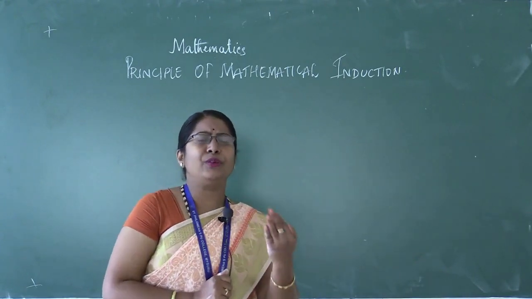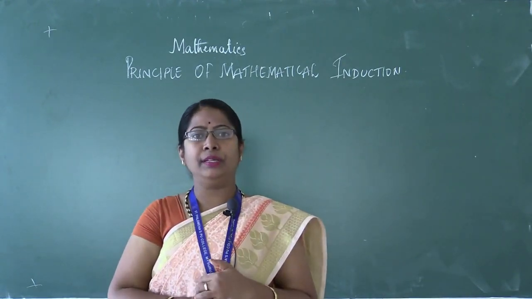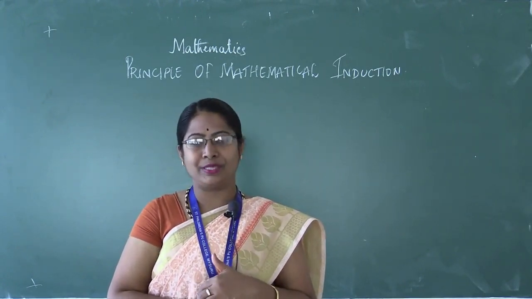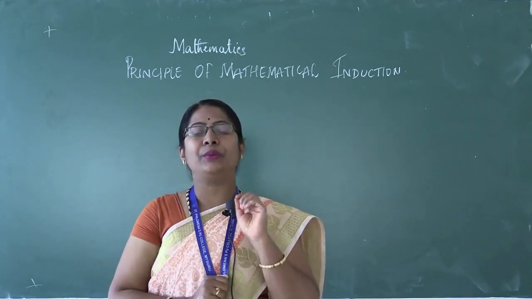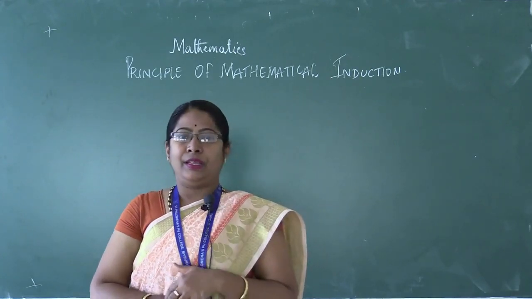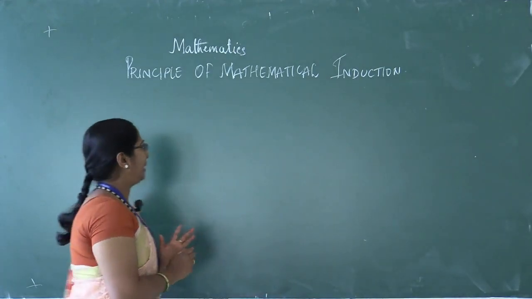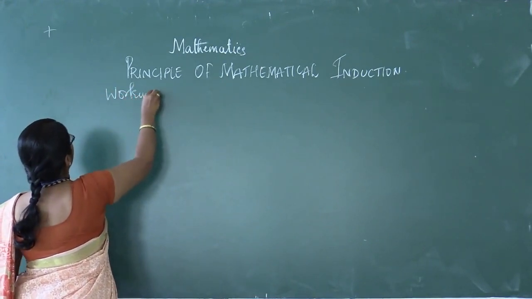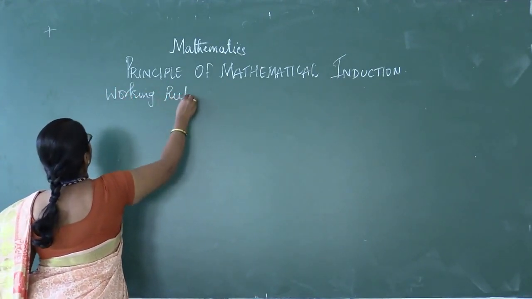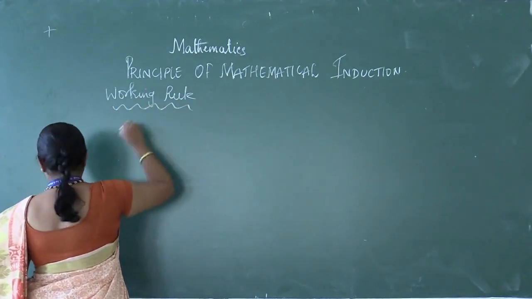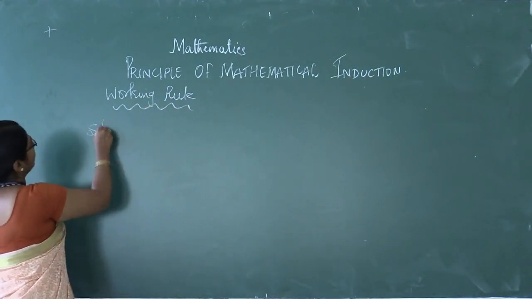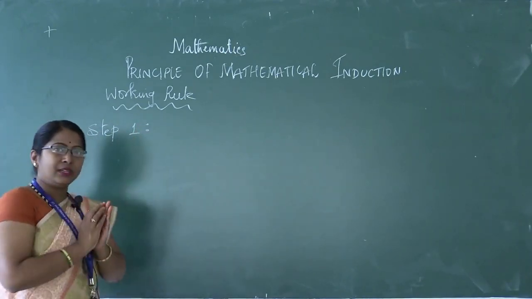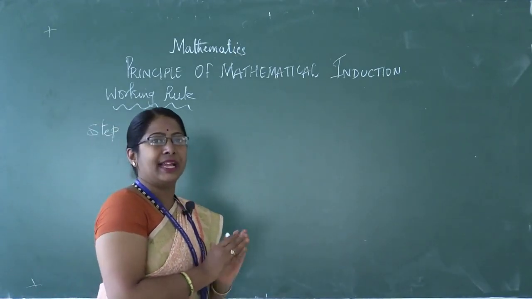There are 3 or 4 working rules to be followed in this chapter, which are applied to the problems. So I'll discuss the working rule now. Step 1, we will denote the given statement as P of n.